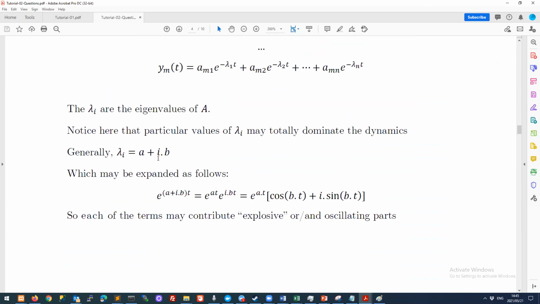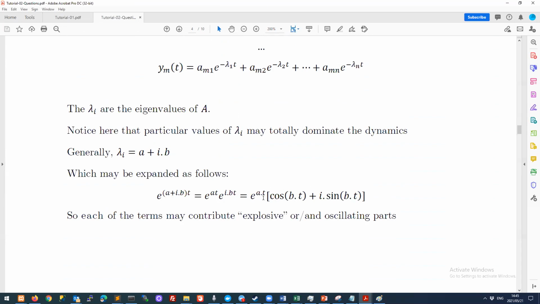Okay, and maybe this is just a reminder about Euler's expansion. If you have the exponential of a complex number, and I'm not even talking about the matrix exponential here, just the straightforward scalar exponential, then the exponential of that is going to have these oscillating parts to it.